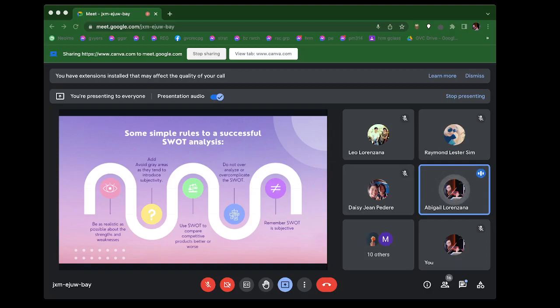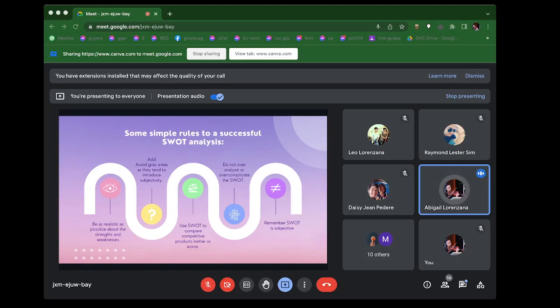And we should also know that minsan may mga bias talaga tayo. Minsan mas bet natin yung isang product. Ewan ko kung gusto nyo Skyflix or Ribisco, di ba? So it's up to you. It's also up to them. Maybe gustong-gusto nila yung product nila, pero yung ibang tao, yung target market nila, ayaw na ayaw yung product nila. So there's that.